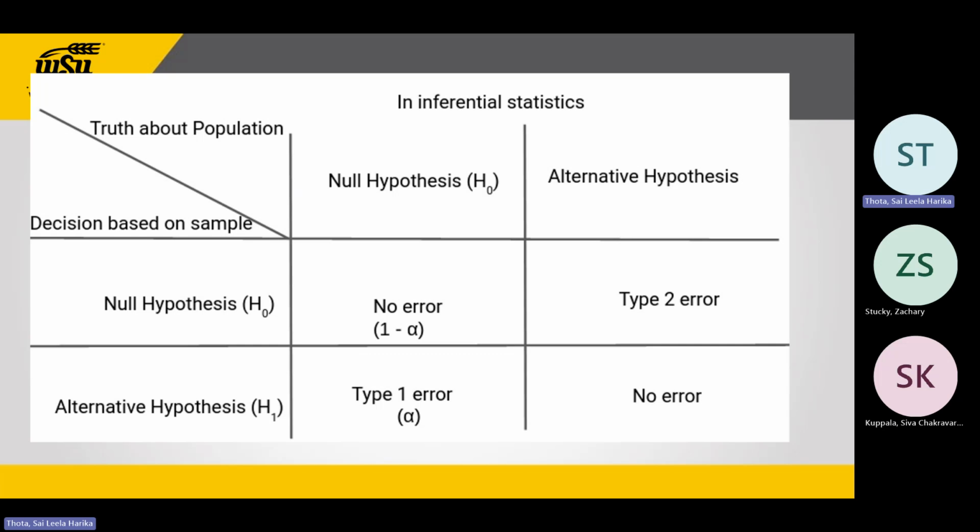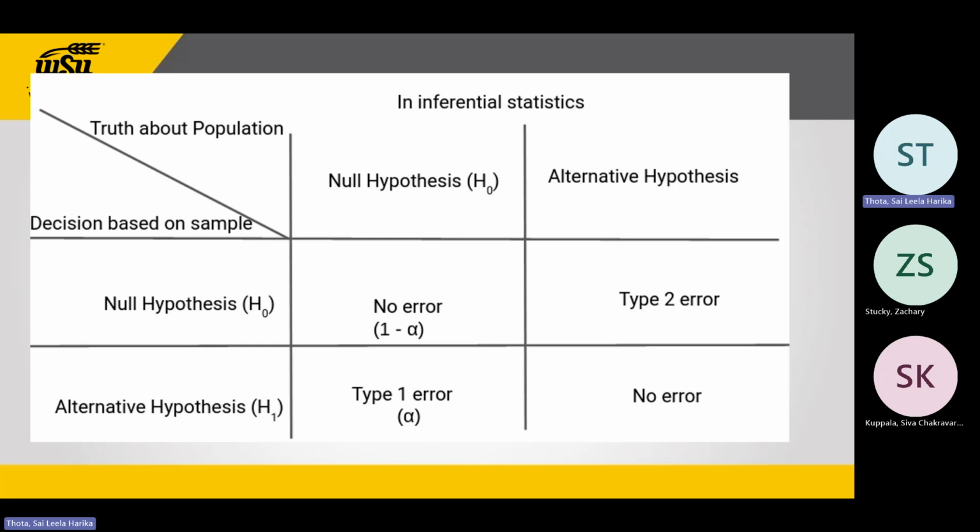Here, in the sample you consider the null, but it came to be the alternate hypothesis in the population, which is a type 2 error. And the opposite, you consider the alternate hypothesis for the sample, but it came to be the null for the population, which is a type 1 error. And if you consider the alternate for the sample, and it is also the alternate for the population, then there is no error.